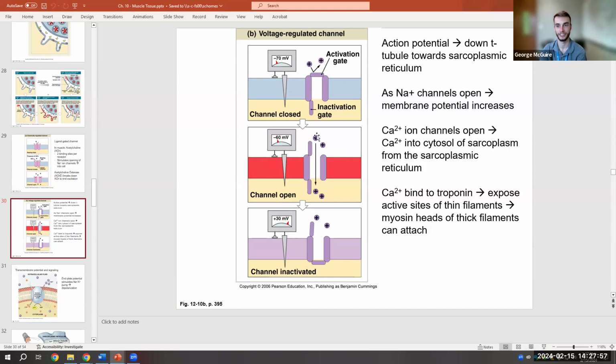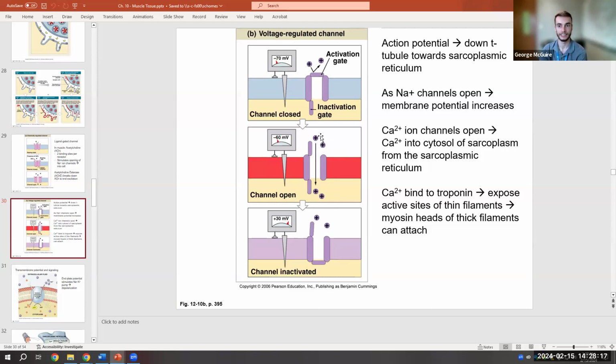So we can get specific and say this is going to open a sodium channel. That sodium is going to flush into the cell, which is going to increase the charge of the membrane all the way up to the positive end of the spectrum to +30 millivolts. And that is when the channel will close.